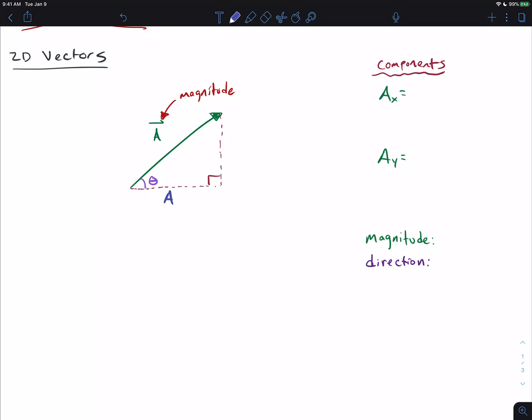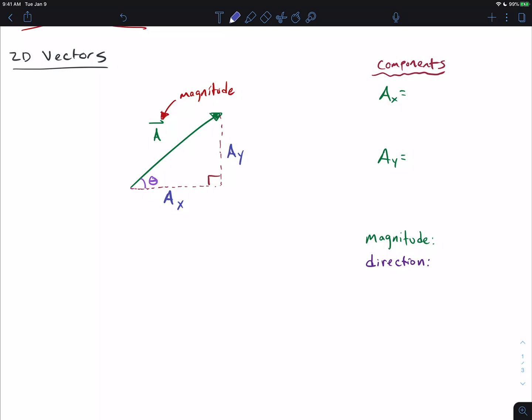One is horizontal, or I like to label this as X. It doesn't really matter what you label it as, but just to stay consistent, we'll say this is horizontal. So if this is vector A, this is Ax. If this was F, this would be Fx, right? So this little subscript just tells me what part of A this is, right? And this vertical side here will be Ay, okay?